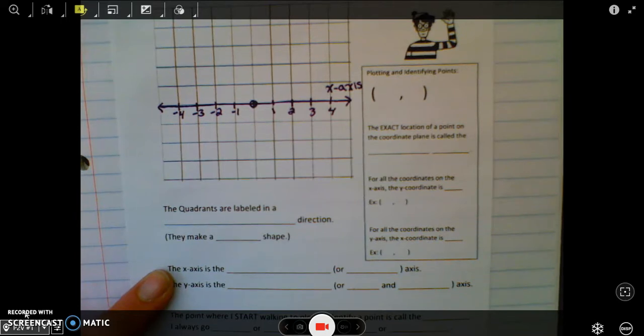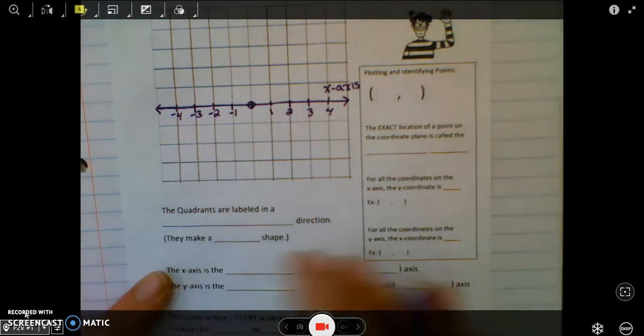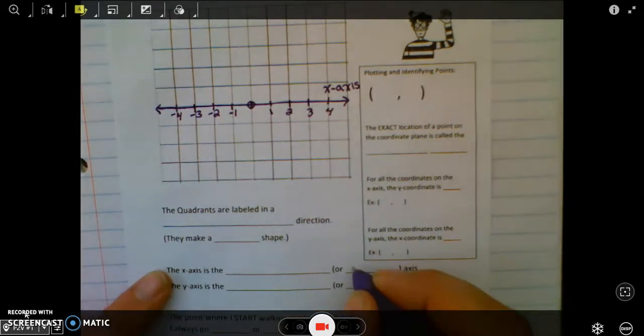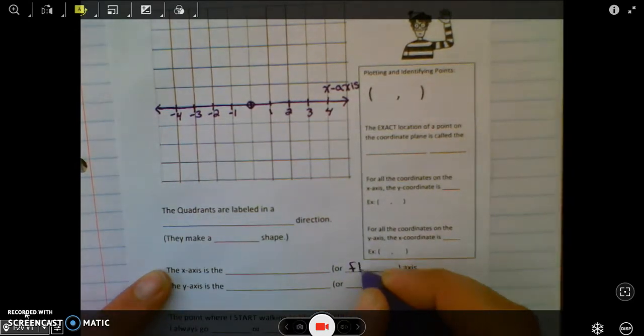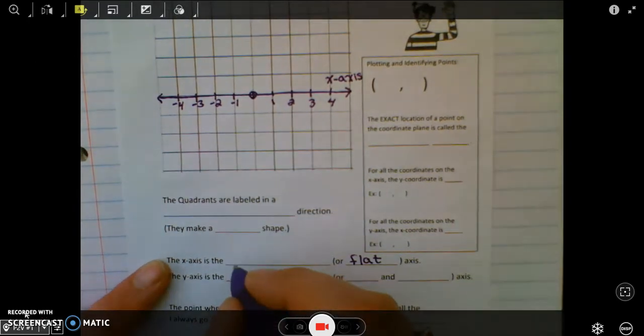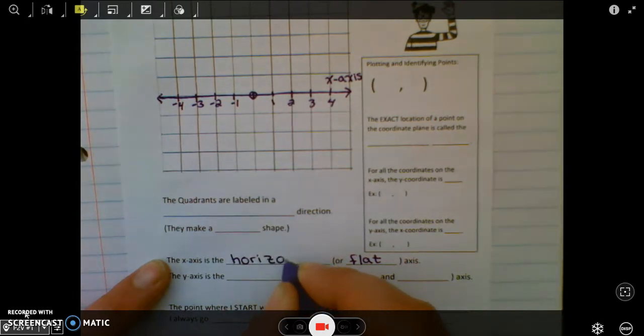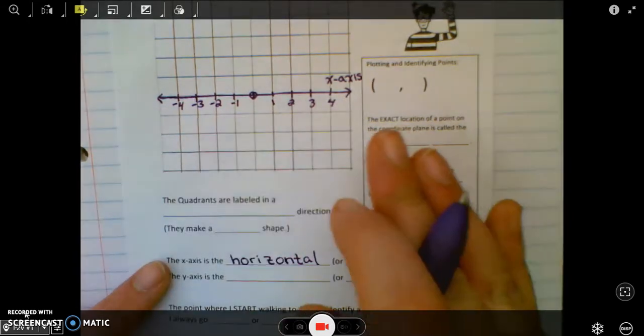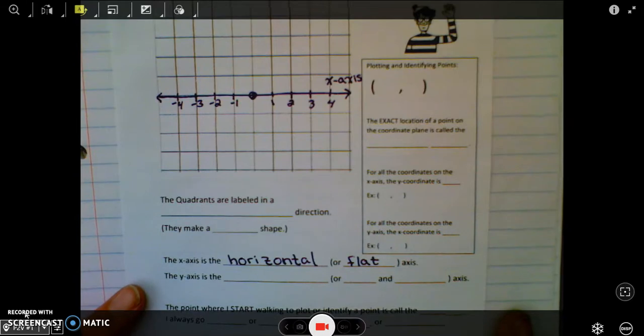The x-axis is the flat number line. So I'm going to put flat over here in the shorter blank, but the big vocab word we want to use, if something is flat, it is horizontal, meaning it is kind of like the horizon flat. If you look over the ocean and watch the sunset over the horizon, it would look flat, like the x-axis.